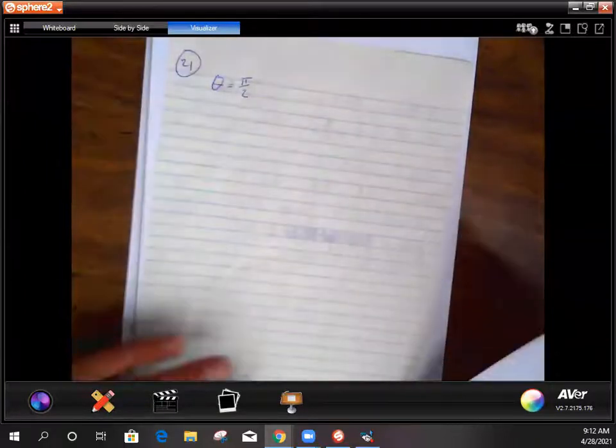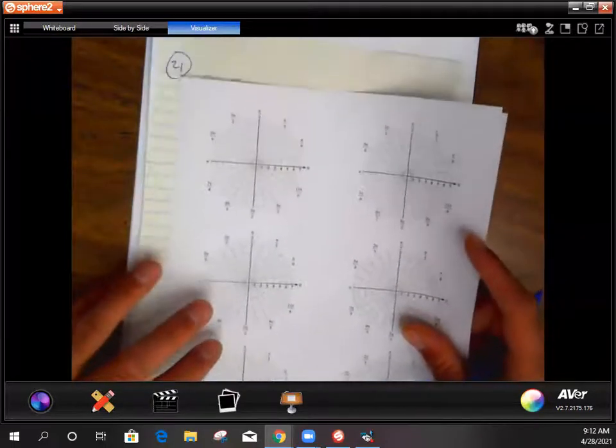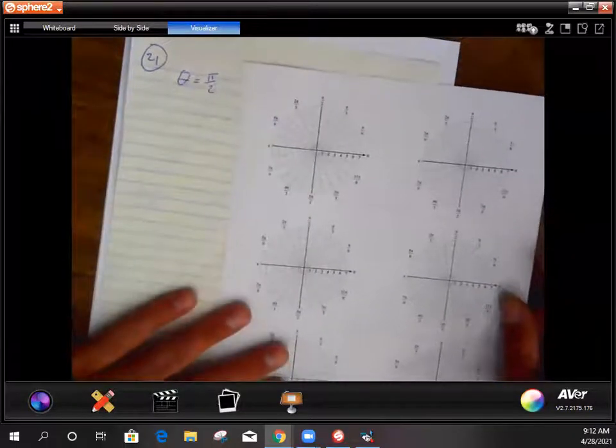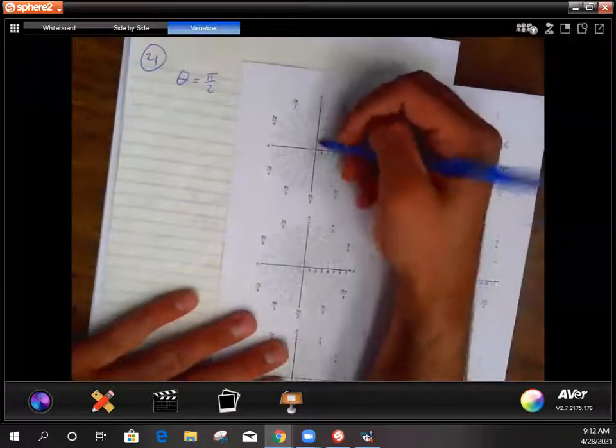Now, before I show you the straightforward, kind of long way of doing it, you could also just sketch a picture. And so if theta is equal to pi over 2, remember that r could be anything.